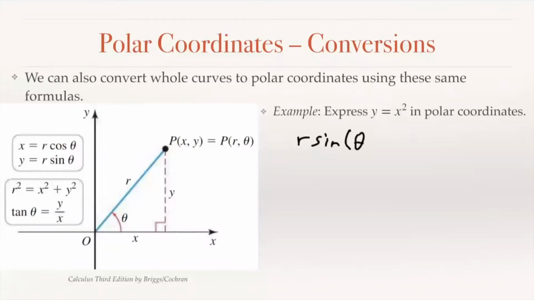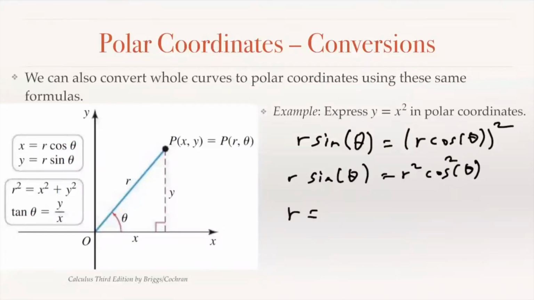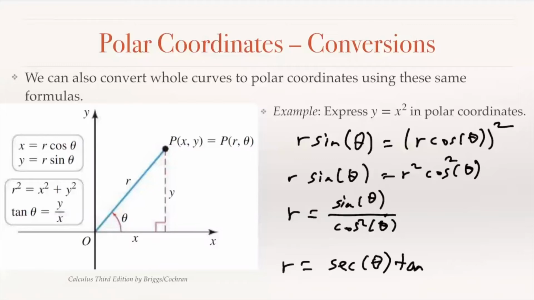Well, x is r cosine theta and y is r sine theta, so we just do that substitution, and this is r sine theta is r cosine theta squared. If we wanted to express r as a function of theta, we would solve for r, and we would get r is sine theta over cosine squared theta, and we could re-express that if we wanted as r is secant theta tan theta.